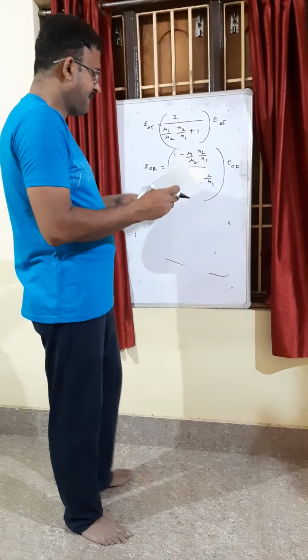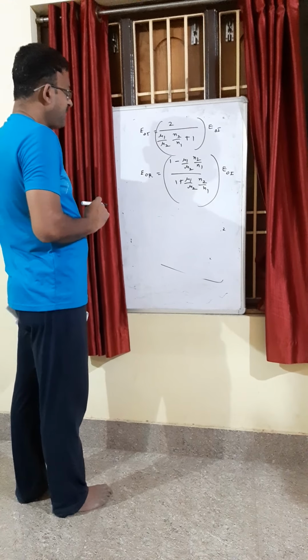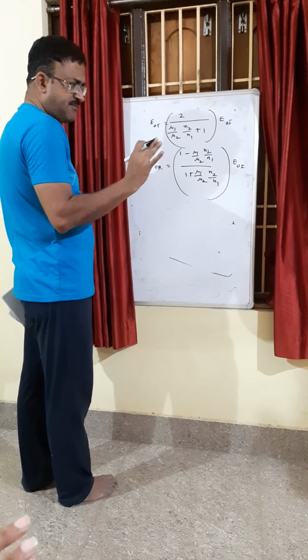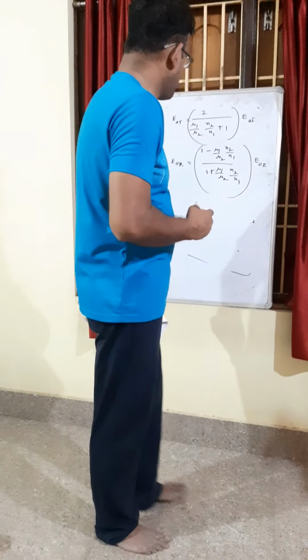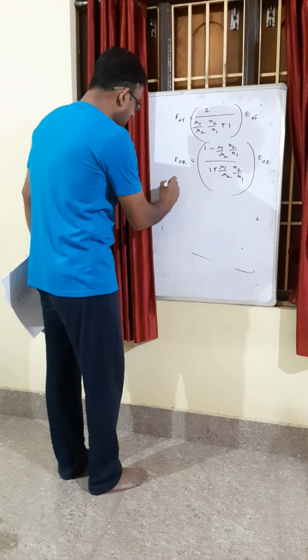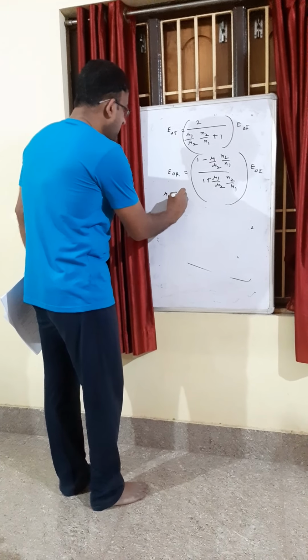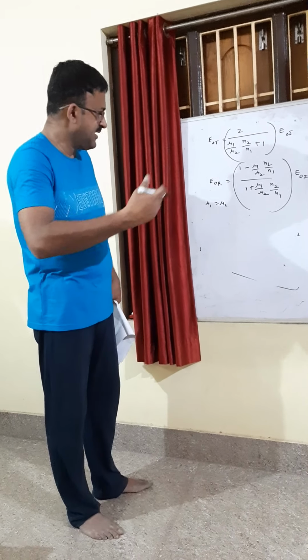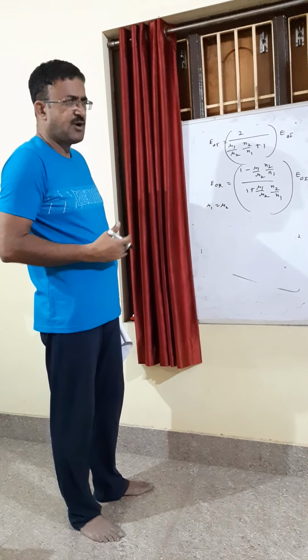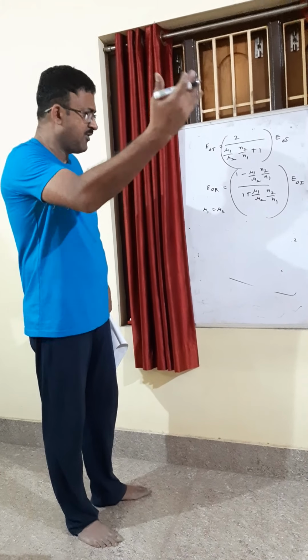Suppose we say the mediums are non-magnetic in nature. So what happens when the mediums are non-magnetic? You can say mu1 will be equal to mu2, no change of permeability when the electromagnetic wave propagates from one medium to another.